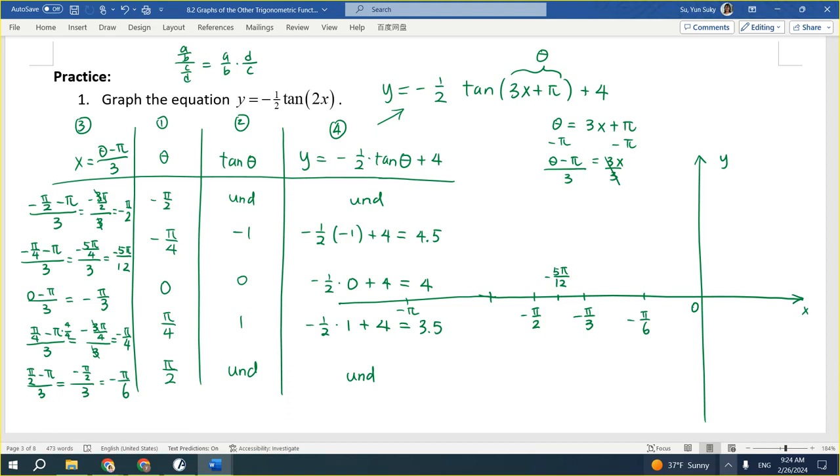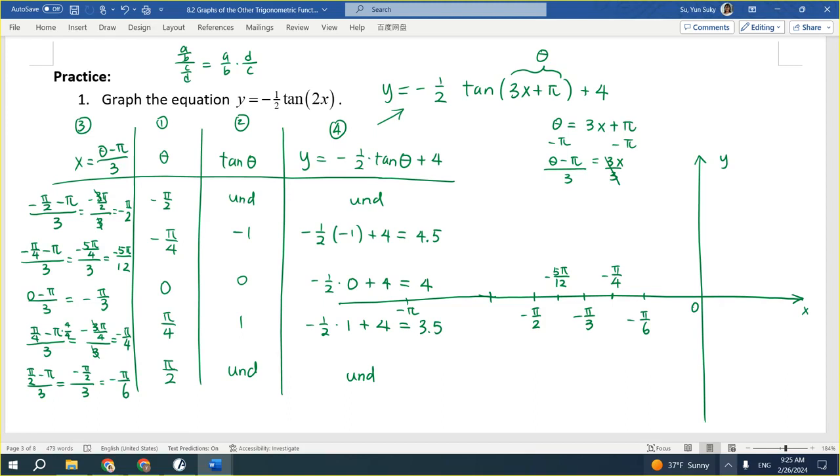This number is in the middle between those two numbers. And then where is negative pi over 4? Exactly. Very good. You see all those numbers start from the smallest and get bigger, bigger, increasing. All the numbers have the same step size, meaning the difference between every pair is the same.